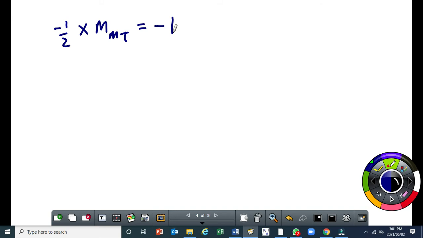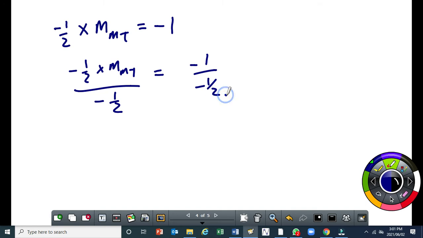I hope you are aware that this is multiplication, so we can divide both sides by minus a half. You get minus a half times m MT all over minus a half is equal to minus 1 over minus a half. This will give you the gradient of MT: minus 1 divided by minus a half.